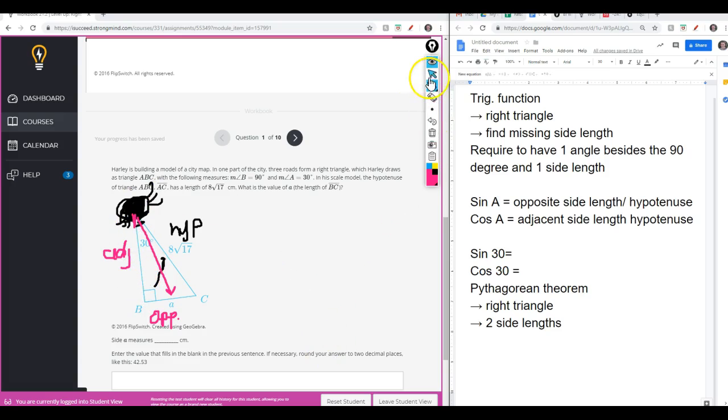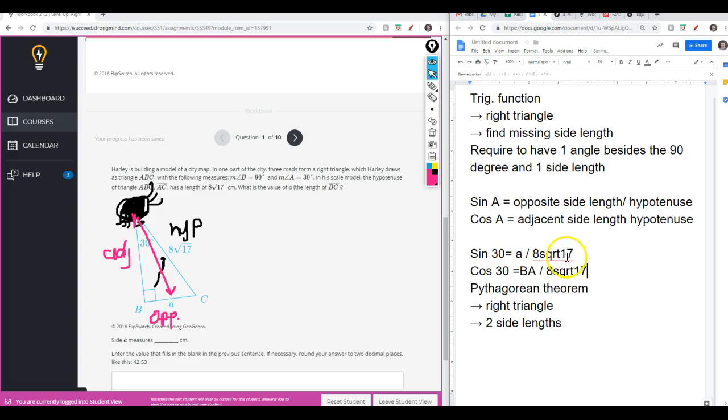Now if you look, the opposite side length is represented by little a and divided by the hypotenuse, we have 8 square roots of 17. And then our cosine is our adjacent side length, which is b, divided by our hypotenuse side length, which is 8 square roots of 17.